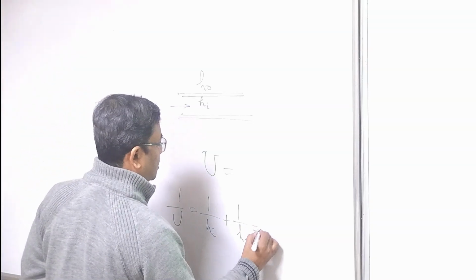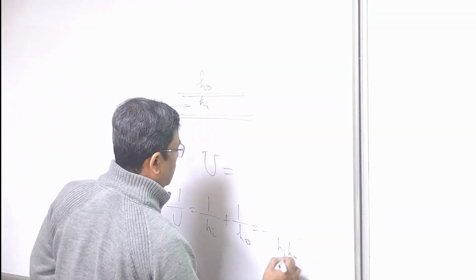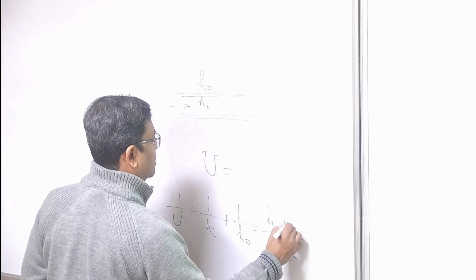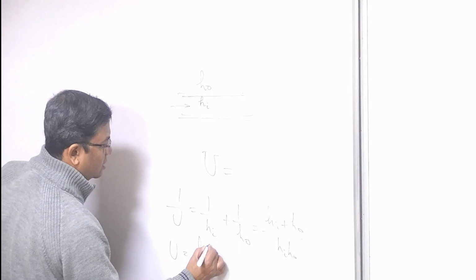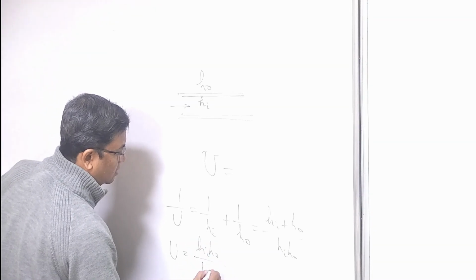So this is HiHo and this is Hi plus Ho. So U is HiHo divided by Hi plus Ho.